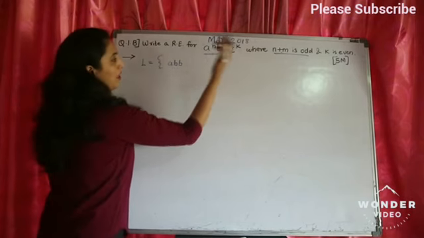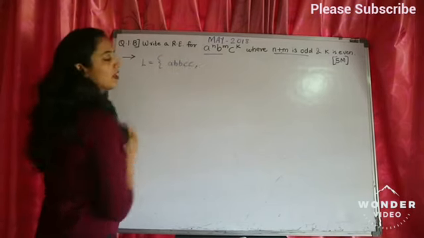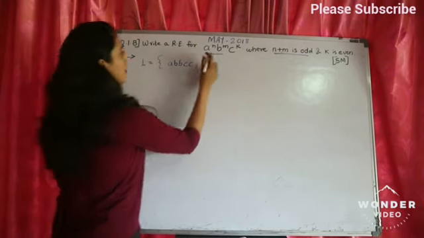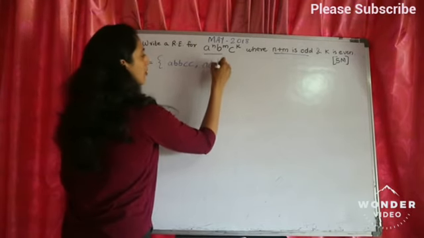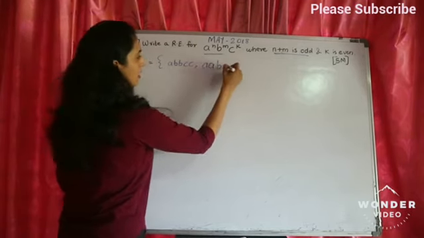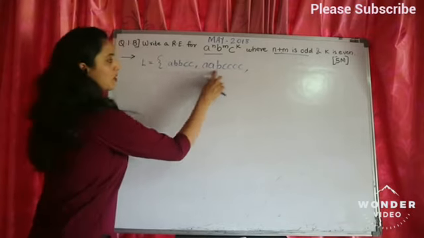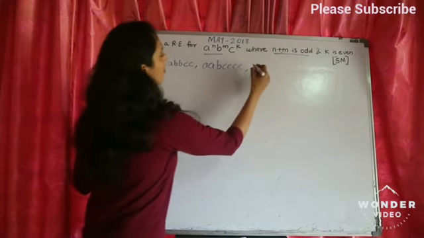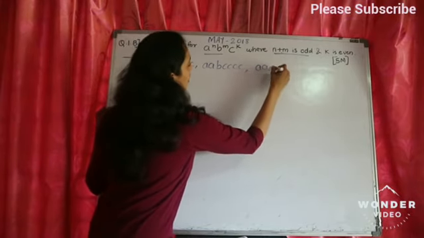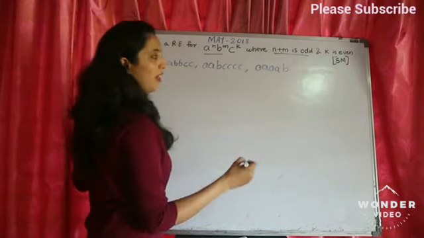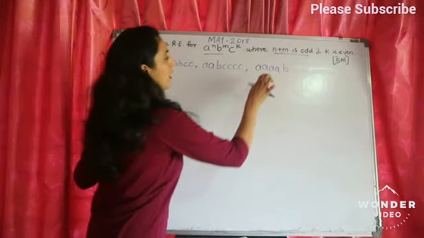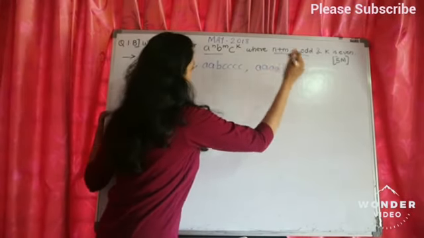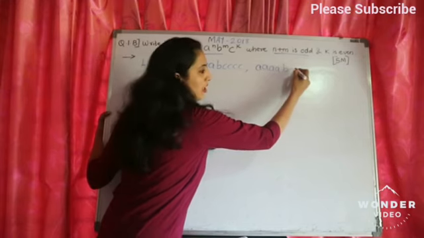C can be even, so I will say C is 2 times. Next, if A is coming double, B single, and C 4 times, A and B together are odd, C is even. Next, A is 4 times, B is 1 time. Again it is odd, and C can be an even number.